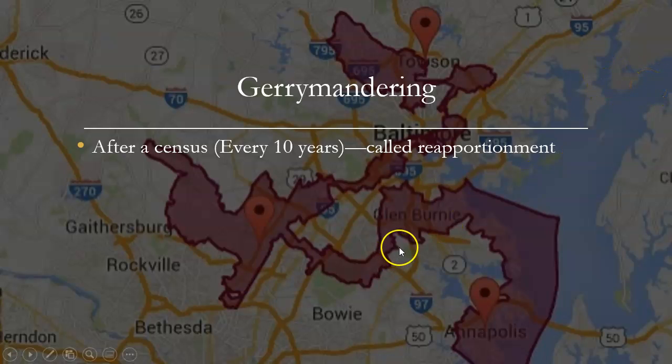So what they do then is tell the states, okay, here's how many representatives you get to send. If a state's population increases faster than other states, they'll get more representatives. Some of the fastest growing states in the United States are Nevada and Arizona and Georgia, what they call the Sun Belt. Those areas will probably get a couple more representatives.